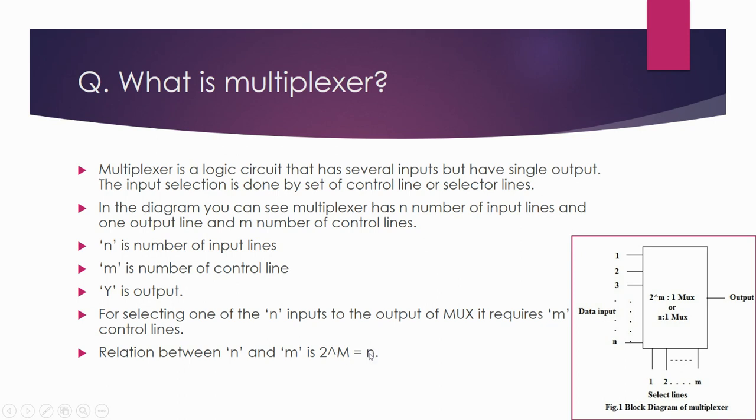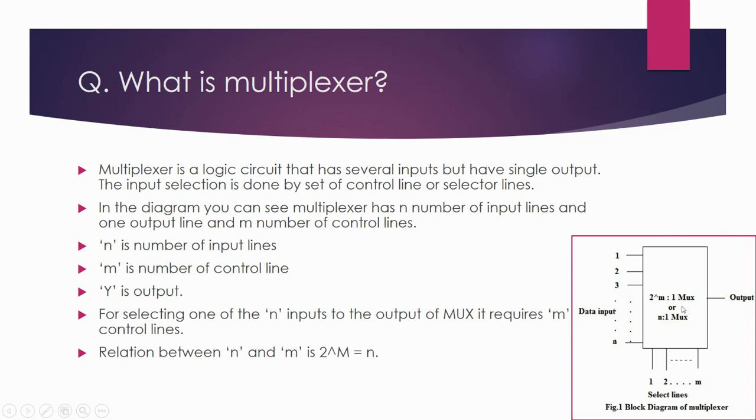When I want a 4 is to 1 multiplexer, n is 4, so 2 to the power m is equal to 4. We know 2 squared is equal to 4, so the m value becomes 2, and the number of select lines is 2. Now let's say I want an 8 is to 1 multiplexer, so n becomes 8. 2 to the power 3, we know 2 cubed is equal to 8, so m is 3, and 3 select lines will be there.